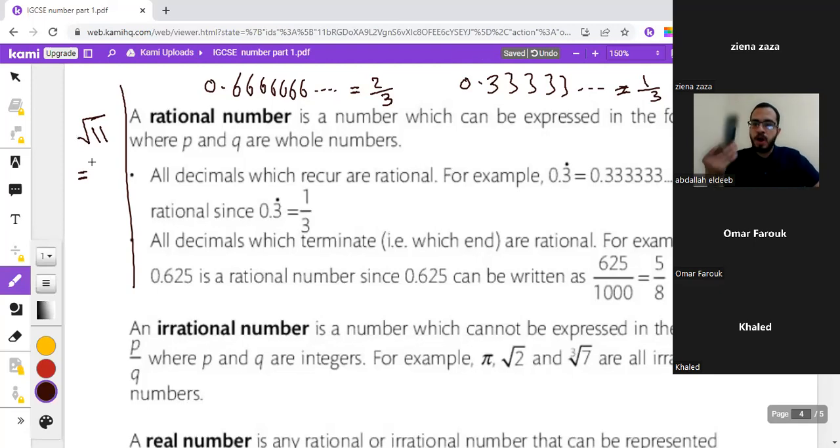If I type here root 11 and I see what is going on, it is 3.31662479. So I cannot write it as a fraction. So this is an irrational number.